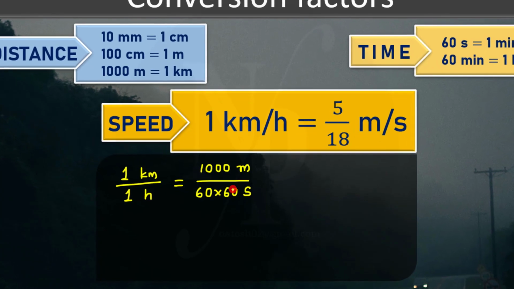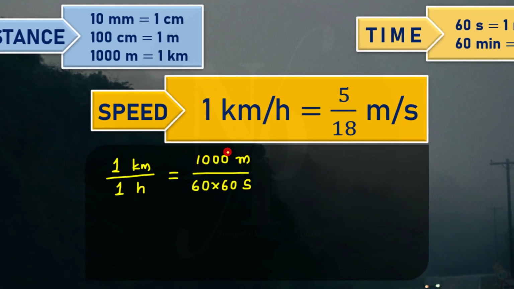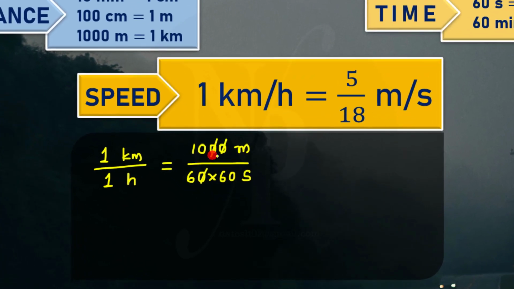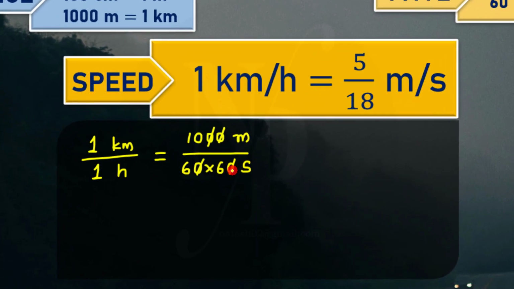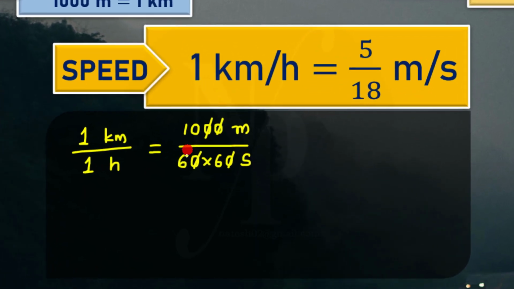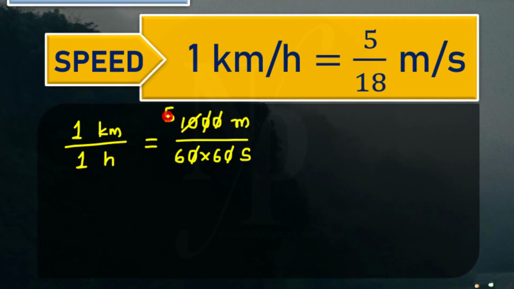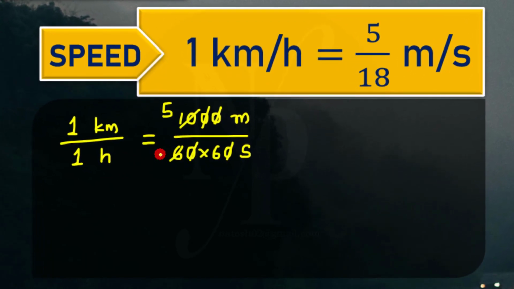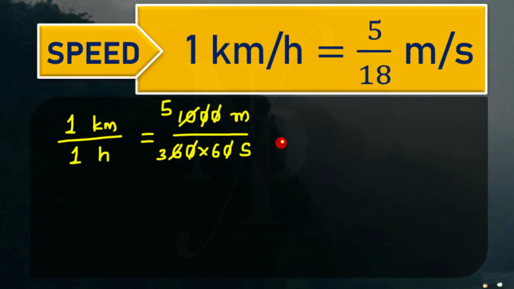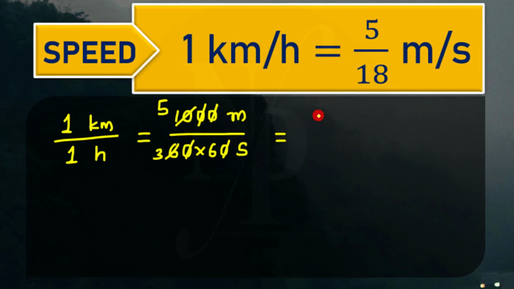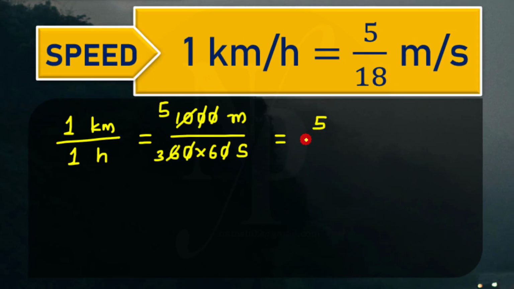Let us simplify this fraction now. I cancel these zeros with the zeros in the denominator. I divide 10 and 6 by 2. 2 5 times is 10 and 2 3 times is 6. In numerator, I am left with 5. In the denominator, multiplying 3 and 6 I get 18.